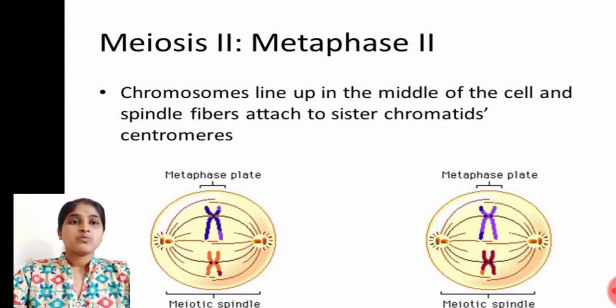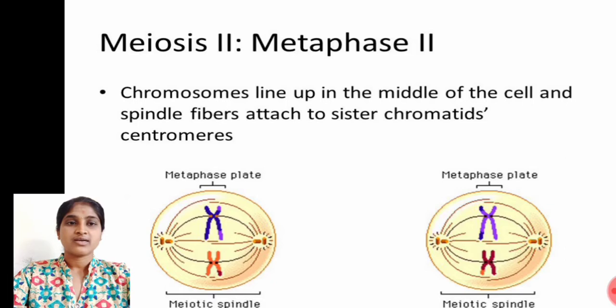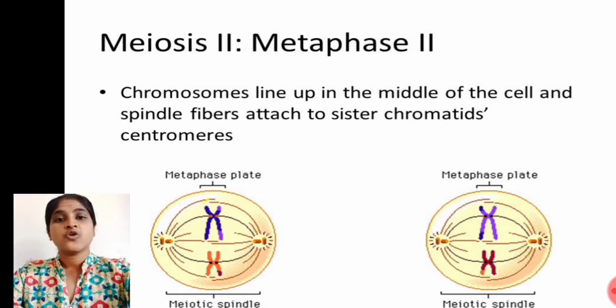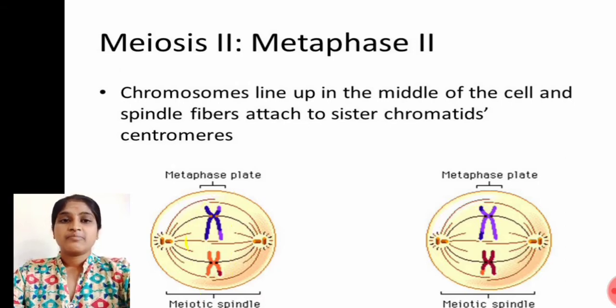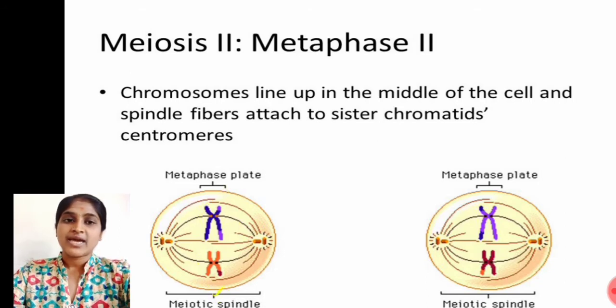Chromosomes line up in the middle of the cell and spindle fibers attach to the sister chromatids at the centromeres. In metaphase the chromatids or chromosomes are arranged in a uniform line, in an equal manner, which we call the equatorial plane. And in this phase the spindle fiber formation is complete.